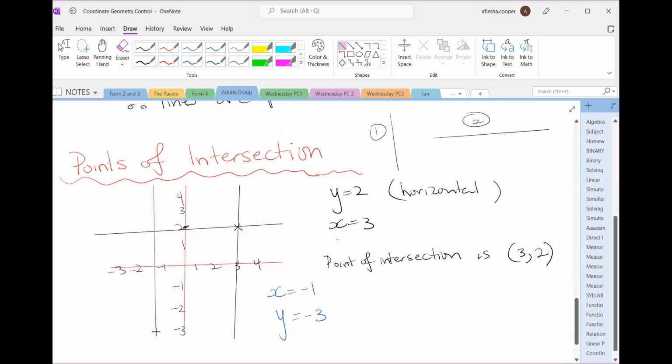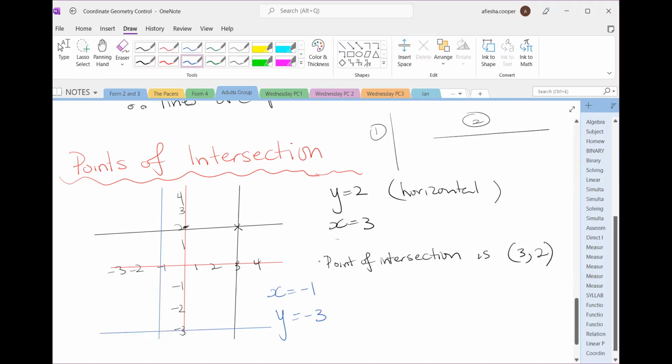So my x lines are always vertical. And y is equal to -3. I look for y at -3 and I make my horizontal line. So anytime we pick a number from the y-axis, we go across. Anytime we pick a number from the x-axis, we go up.